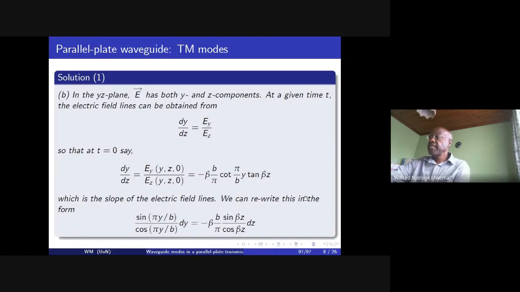We can write this one as cosine of pi y by b over sine of pi y by b.